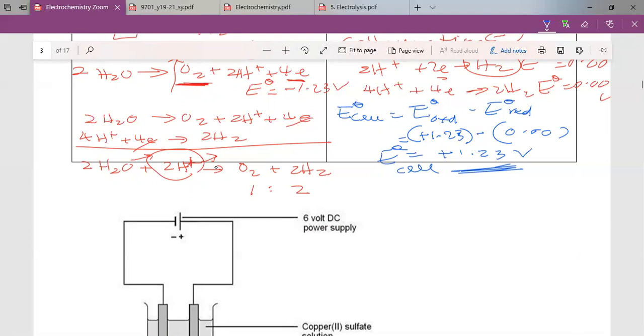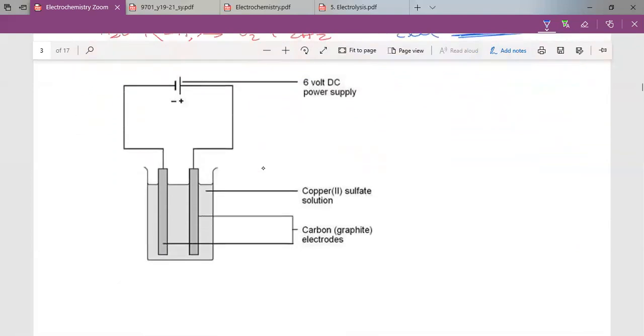Right. Now, next one here. You can see this is of course for copper sulfate solution. Remember, what is given out? What is the identity of the substance liberated here? Copper and your oxygen.